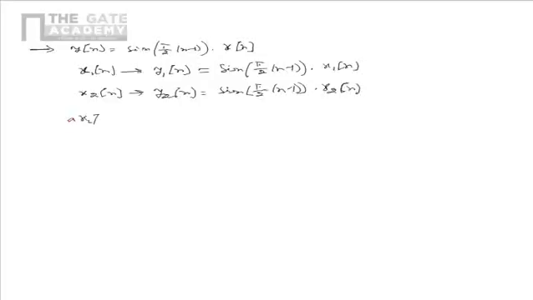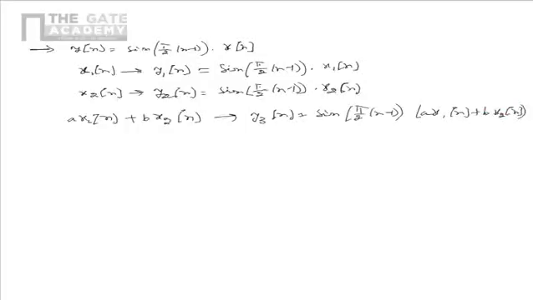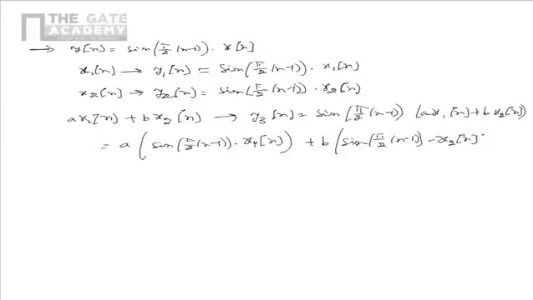Now, when there is an input of a into x1 of n plus b into x2 of n given to the system, the output y3 of n can be written as sine of pi by 2 multiplied by n minus 1, as a whole multiplied by a into x1 of n plus b into x2 of n. This can be rewritten as a multiplied by sine of pi by 2 n minus 1 multiplied by x1 of n plus b into sine of pi by 2 n minus 1 as a whole multiplied by x2 of n.